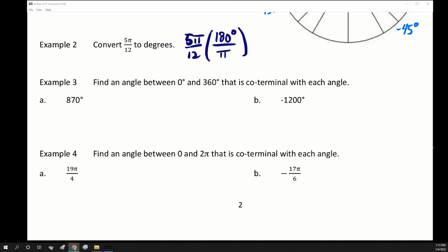All right. So the pi cancels. Now radians doesn't have a unit, so there's really not a unit to cancel, but the pi cancels. And then you are just going to use your little calculators, and all we have to do is do 5 times 180 divided by 12, and that's going to give you 75 degrees.